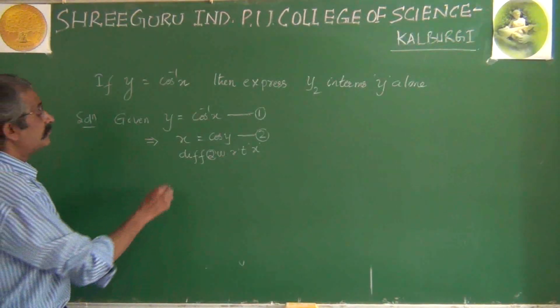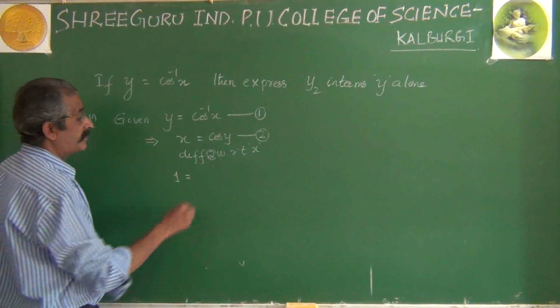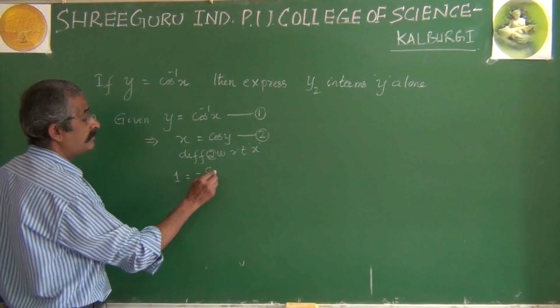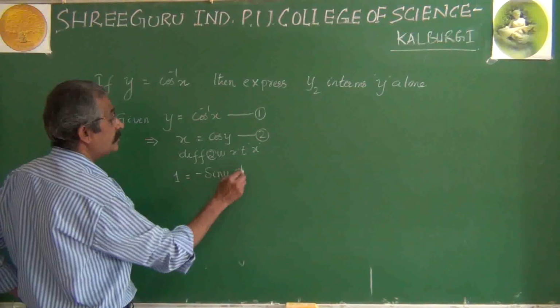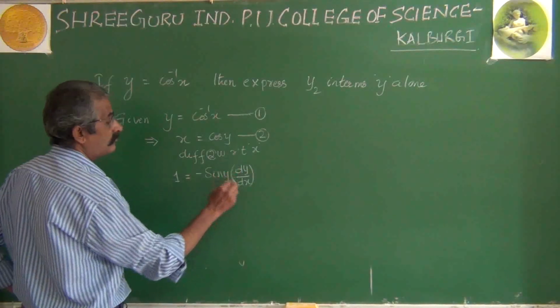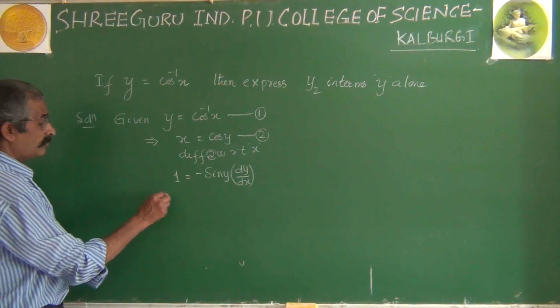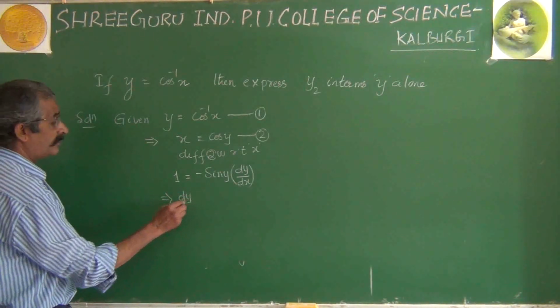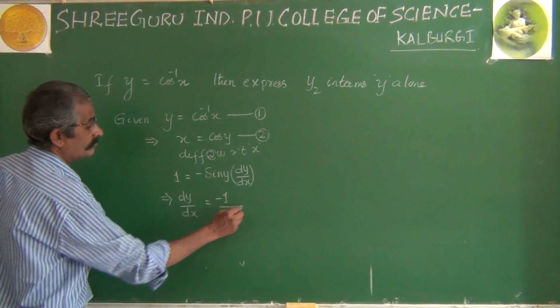Left side, differentiation of x with respect to x is 1. Right side, differentiation of cos y is minus sin y into dy by dx. From this, dy by dx can be written as minus 1 divided by sin y.